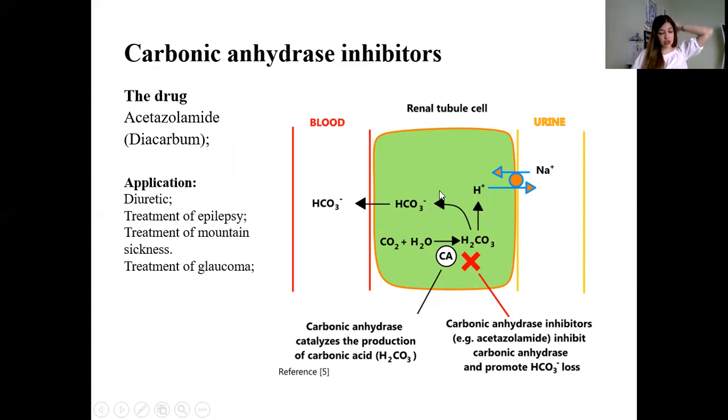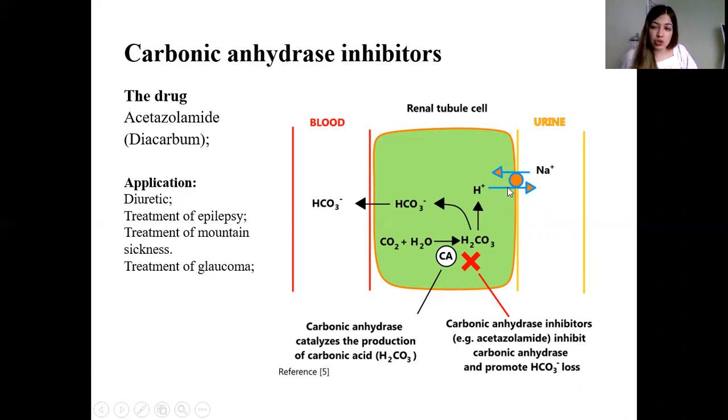We have a special transporter which brings sodium from the urine. It is reabsorption of the sodium. It reabsorbs sodium from the urine and exchanges it with H ion, with the hydrogen plus, H plus.